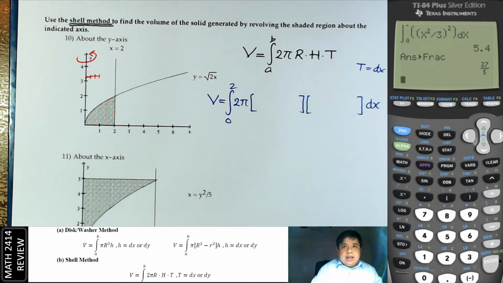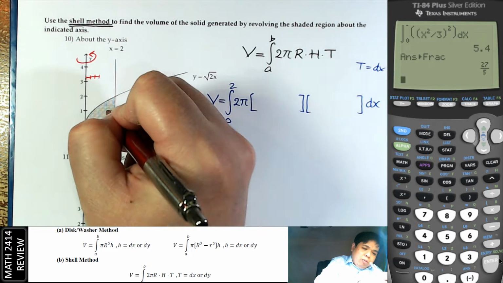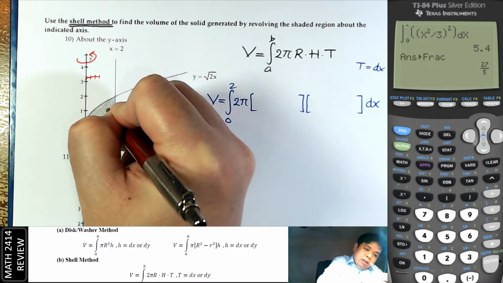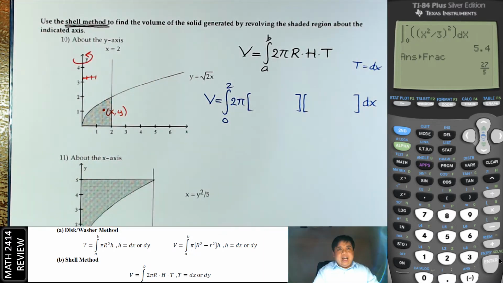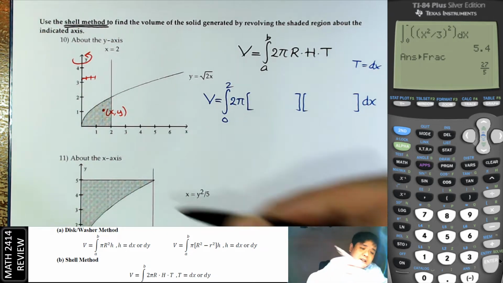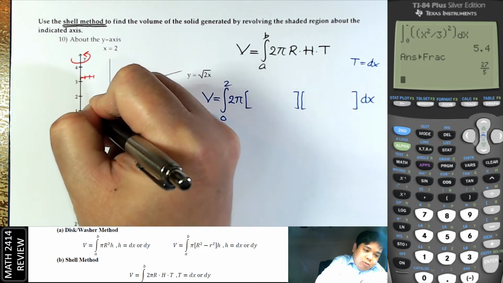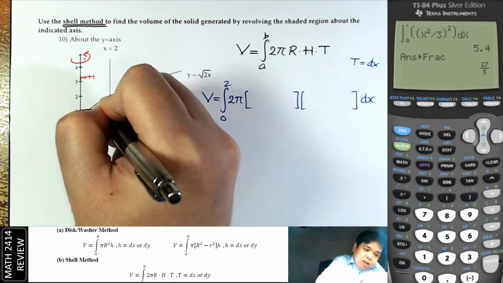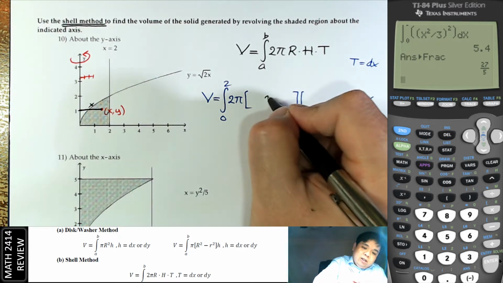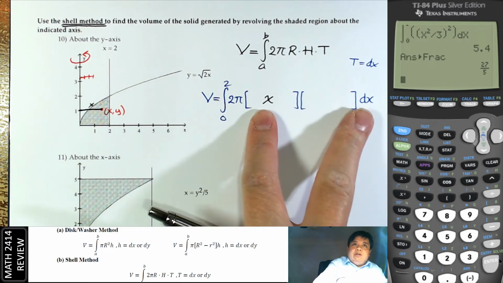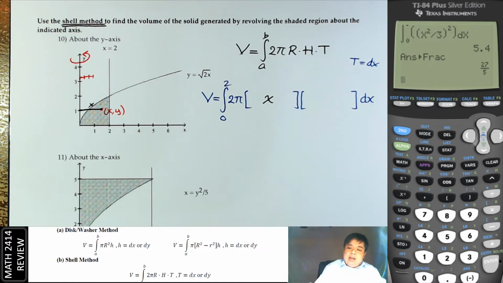In this case, because we wrap around it, r is whatever a point is. So to find r, I pick a random point. Say this point has x and y coordinates, very generic. Any point in the region. And then r is the distance from that point to the axis of rotation. Because if this point is x and y, this is the x coordinate. So that should match with the variable there. So it is x. Now the height will be the difference of two functions.